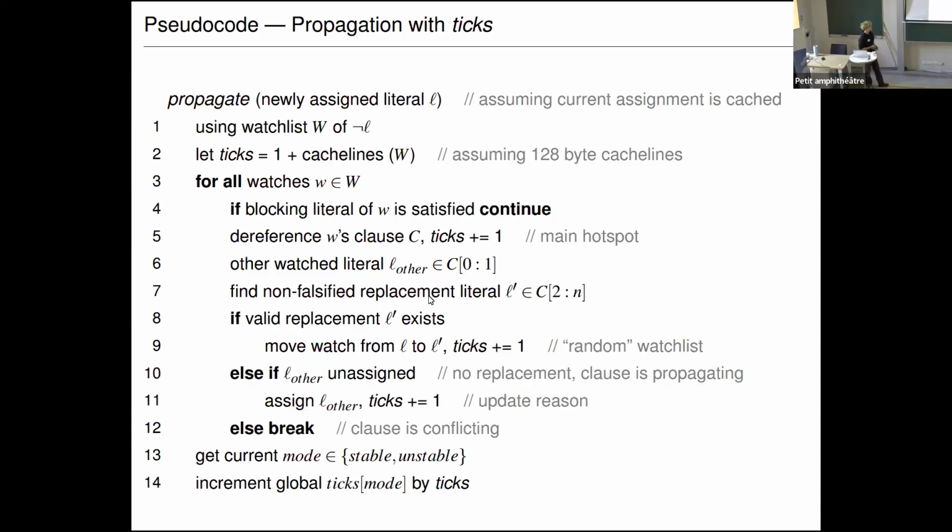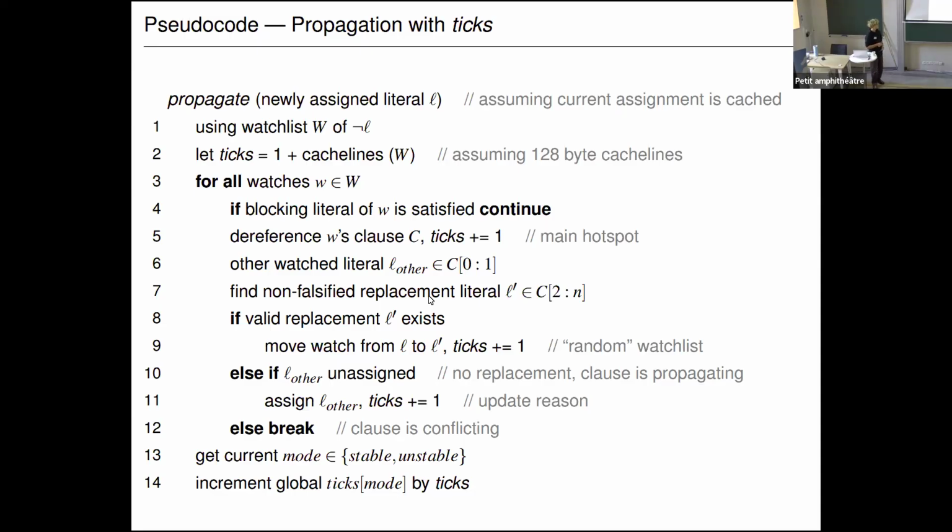And now when we schedule, we can say, okay, let's have stable mode always use the same ticks as unstable mode. And to get a first count of how many ticks we want to schedule, we run one of the phases with conflicts.